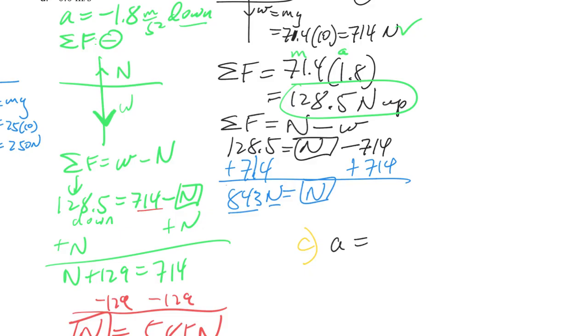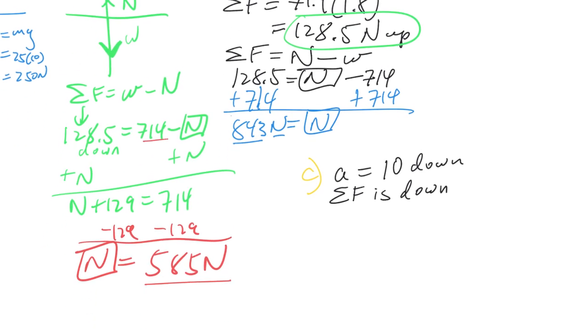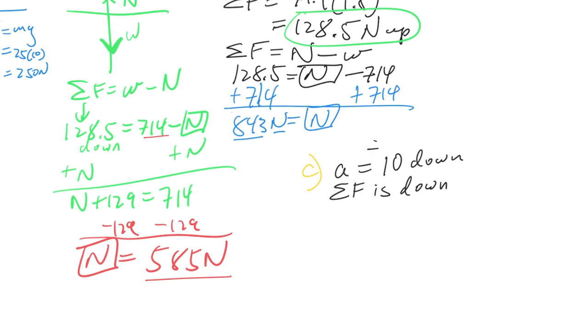Okay, so it's 10 meters per second squared down. So the net force is down, or negative, that's what I mean by down. And so my free body diagram, I got the weight being more than the normal force.